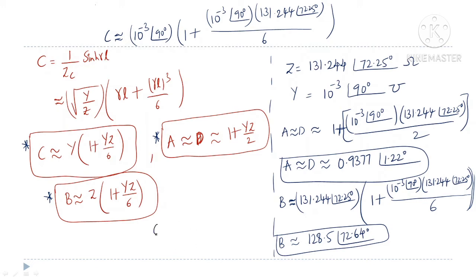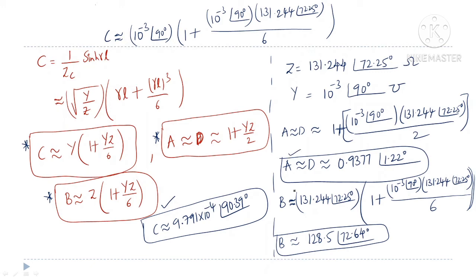So if you evaluate this with the help of a calculator, you will get C value as 9.791 into 10 power minus 4 at an angle 90.39 degrees. So this is the value of C, this is the value of A and D, and this is the value of B. Now you got directly the ABCD values.